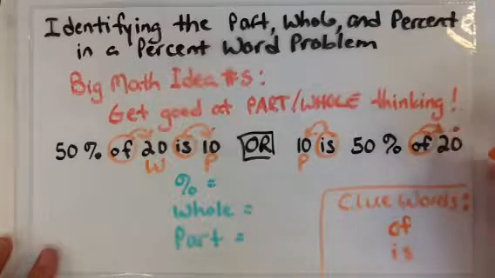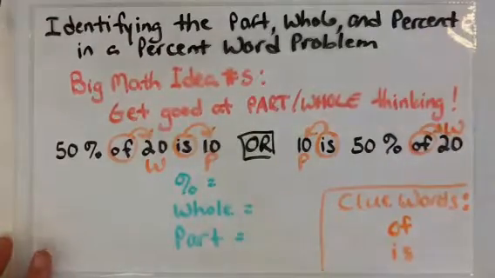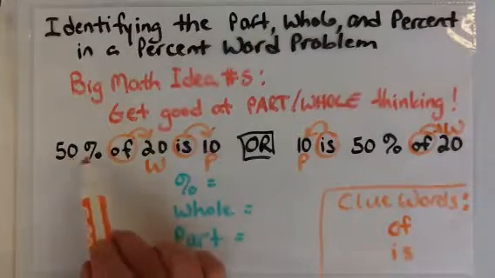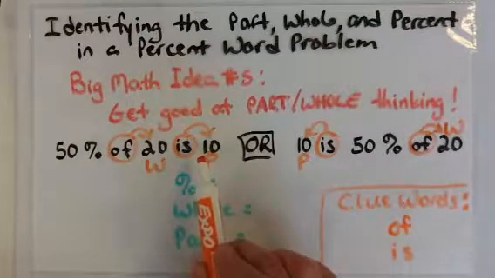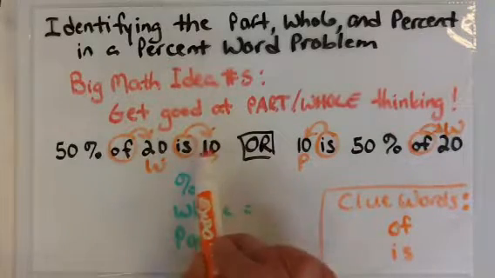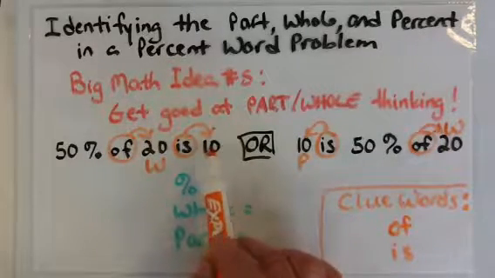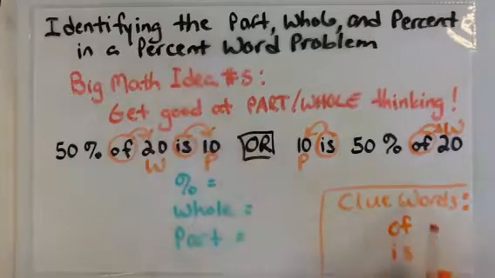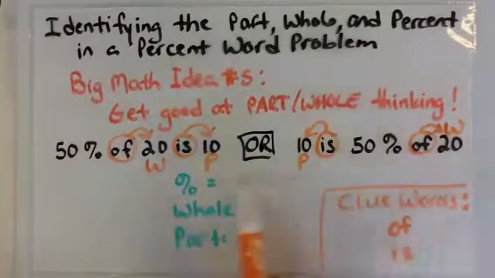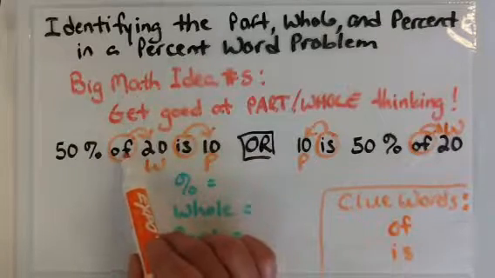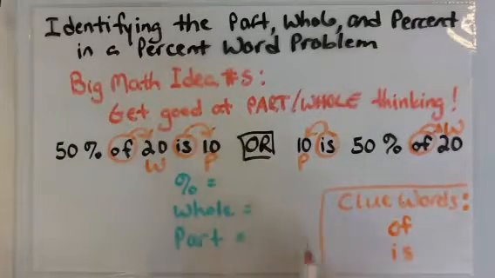The whole is the number that comes after the of. So if you're just reading a statement like this and you don't have a situation to attach to that statement, then you're really going to have to just follow the clue words. So you need to pay attention to where the of and where the is.